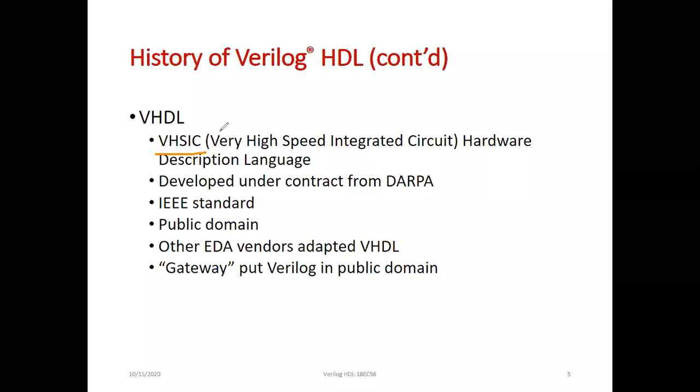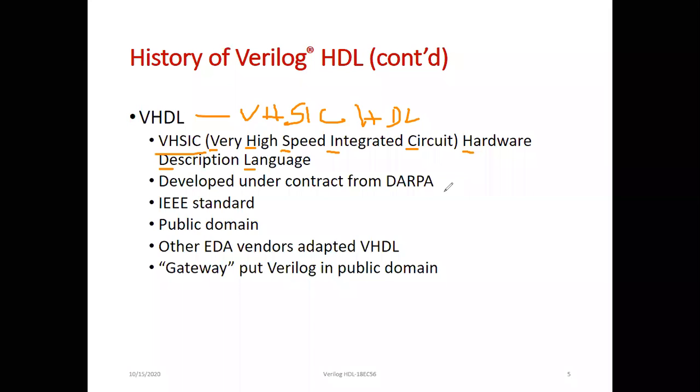So VHSIC can be extended as Very High Speed Integrated Circuit, and HDL is Hardware Description Language. So VHDL is nothing but VHSIC HDL.